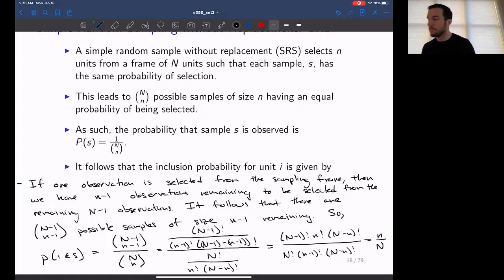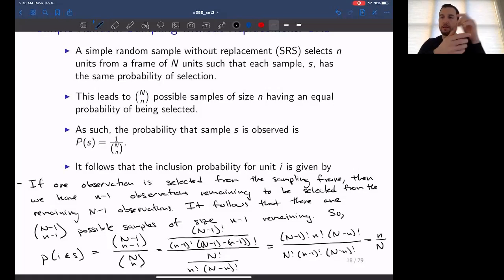Right, so capital N minus 1 factorial is everything after N times N minus 1 times N minus 2 times N minus 3. So the capital N minus 1 factorial in the numerator cancels out every single term that follows after capital N in capital N factorial. So that's how you get capital N on the bottom.